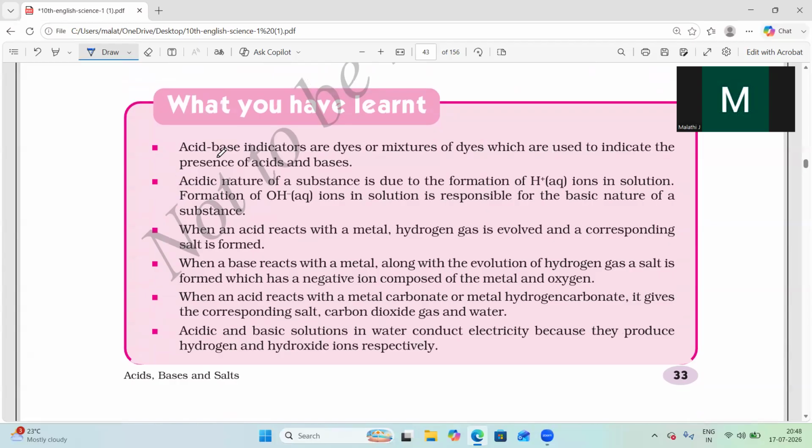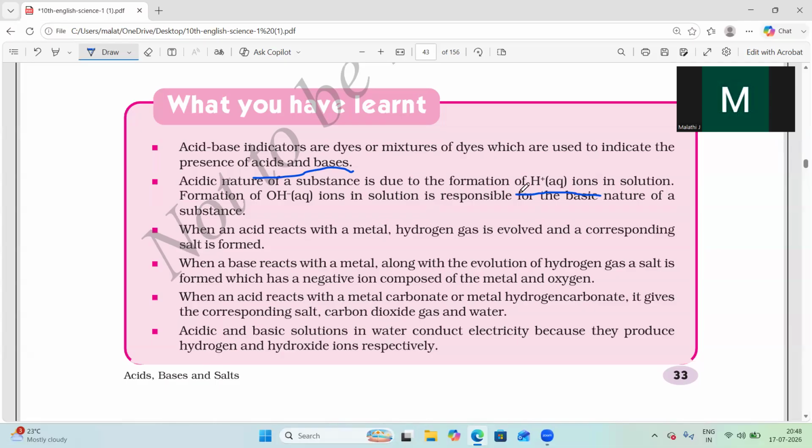So here, if you look at it in one look: acid base indicators are dyes or mixtures of dyes which are used to indicate the presence of acids and bases. That is the pH scale we studied. The acidic nature of a substance is due to the formation of H+ ions in the solution.